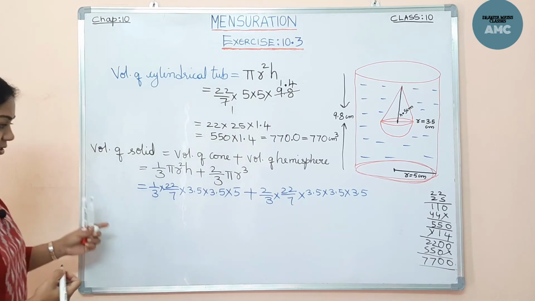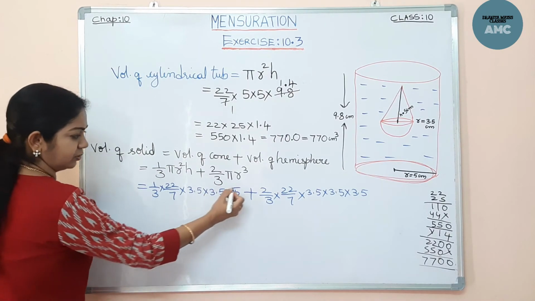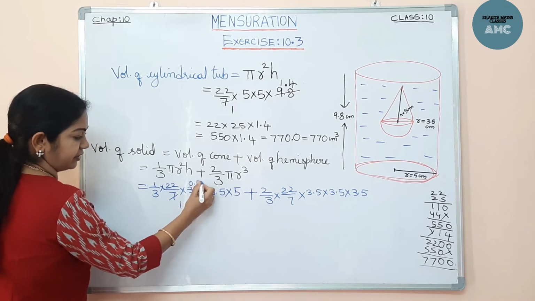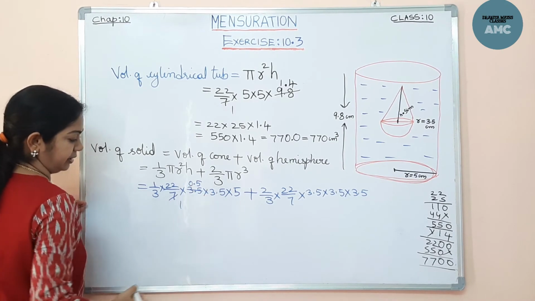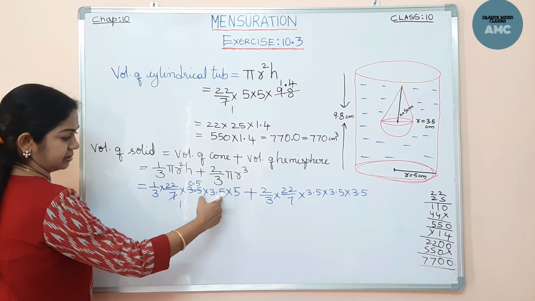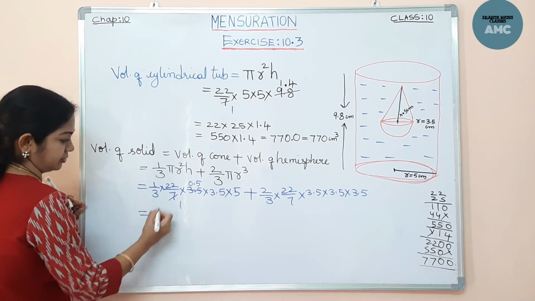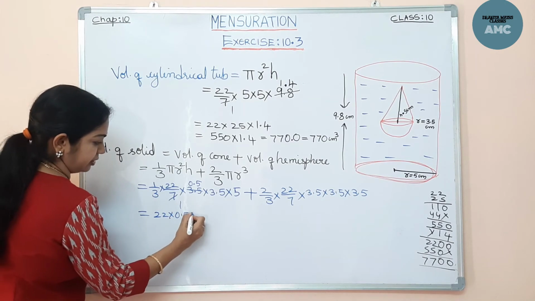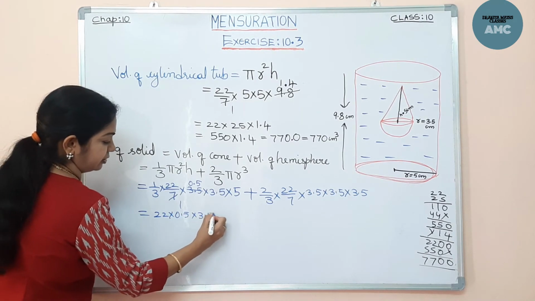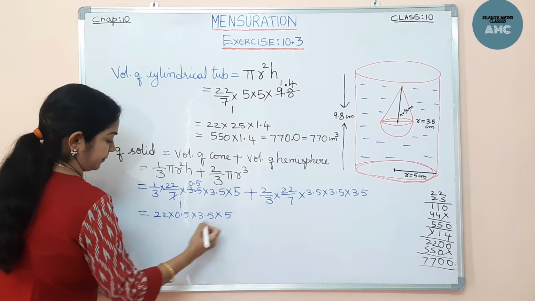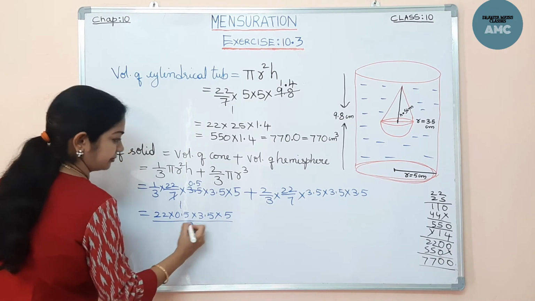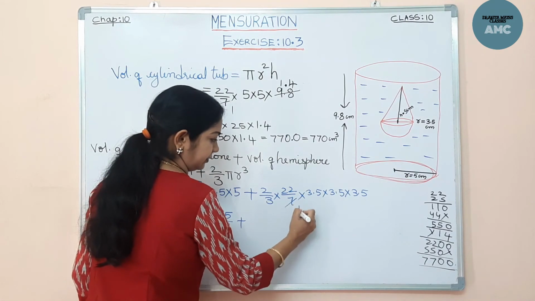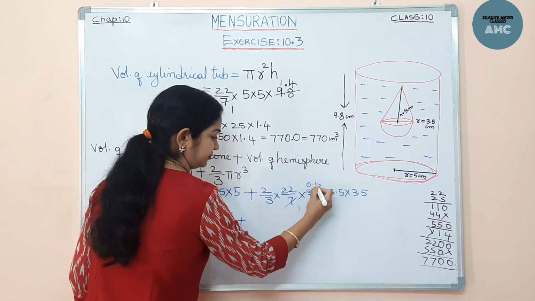So we'll do the calculations here. It goes clearly: 7 1s are 7, 0.5, 7 5s are 35. There is a decimal point here. Now we cannot cancel this, okay, so we'll keep it as it is. 22 into 0.5 into 3.5 into 5 by 3 is there, plus 7 1s are 7, 0.5.